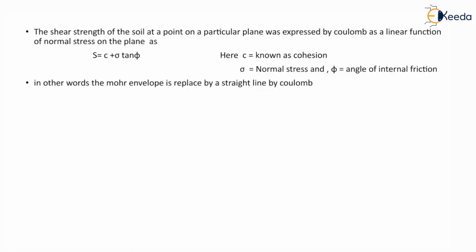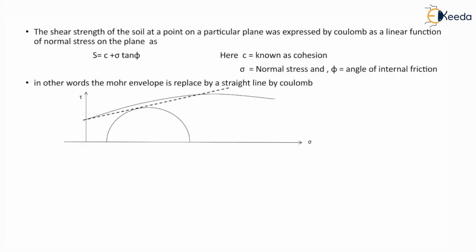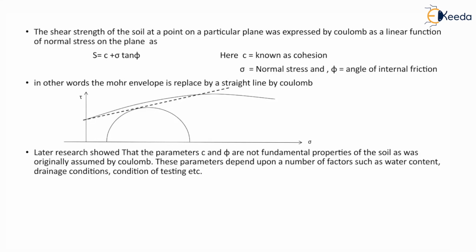In other words, the Mohr envelope is replaced by a straight line by Coulomb. As suggested by Mohr, the failure envelope was curved, but the equation given by Coulomb is linear. Hence, he replaced the curved line of the failure envelope by a straight line.